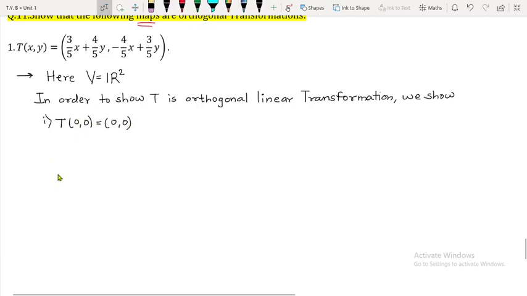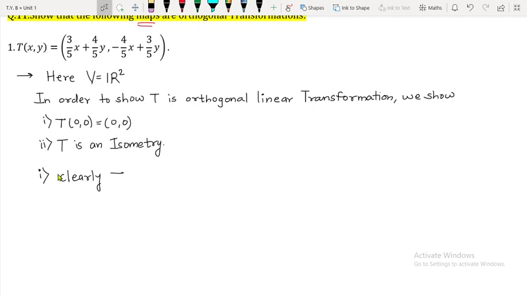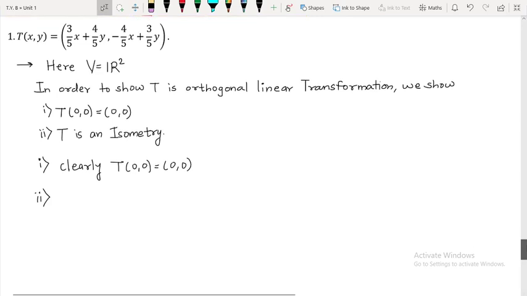And the second thing, what we are supposed to prove, is T is an isometry. Okay, so first, no issues, clearly we are having this. So there is nothing to prove in this. Okay, so now we are going to prove T is an isometry. Okay, now as we have already seen examples on isometry, so it will be easier now.